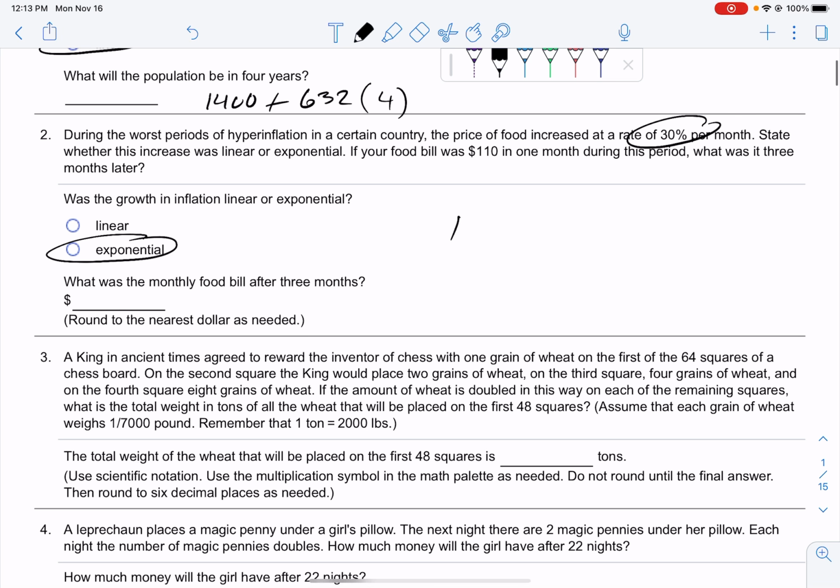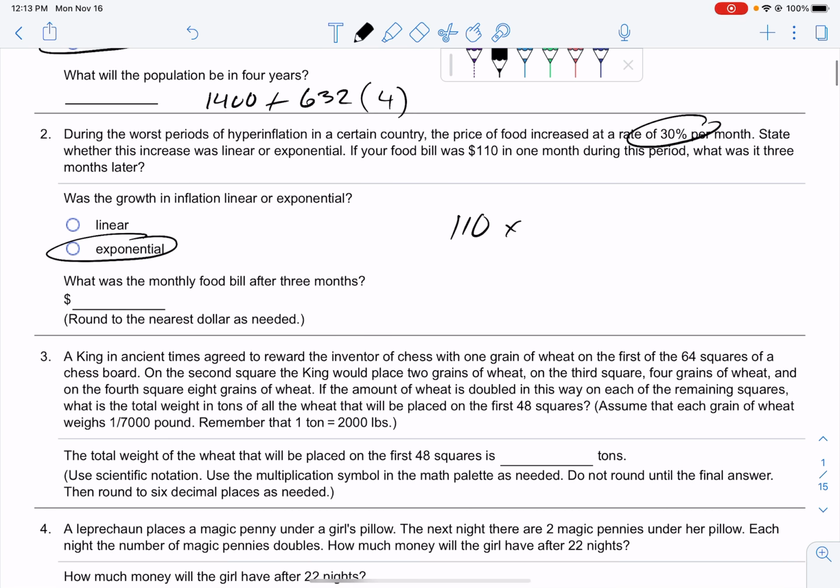But after 1 month, so we start at 110, and it's going to go up by 30%. So there's a couple of ways that you can do that. You can find 30% and then add it, or you can just times it by 1.3, which is 130%, and you're going to get the same answer.